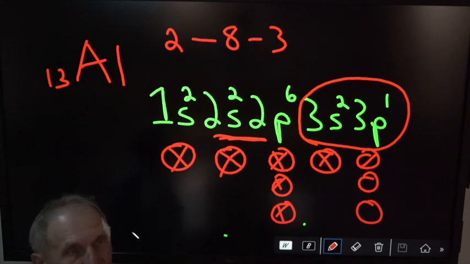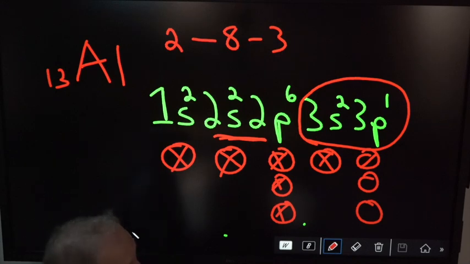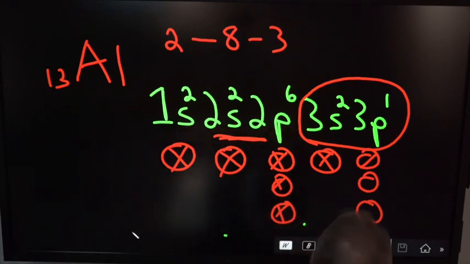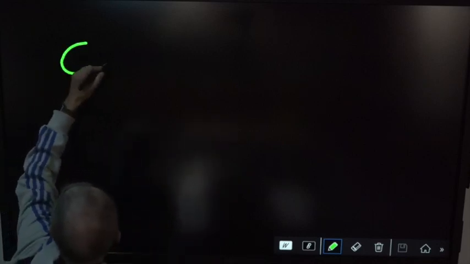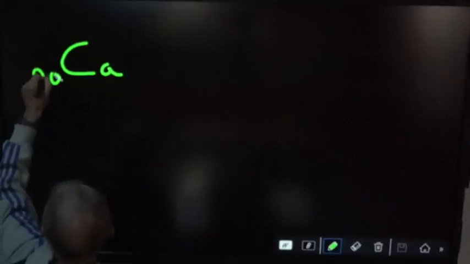Okay? All right, now we're going to get a little bit tougher. Now this is going to have a different rule. So we're going to do Ca20.